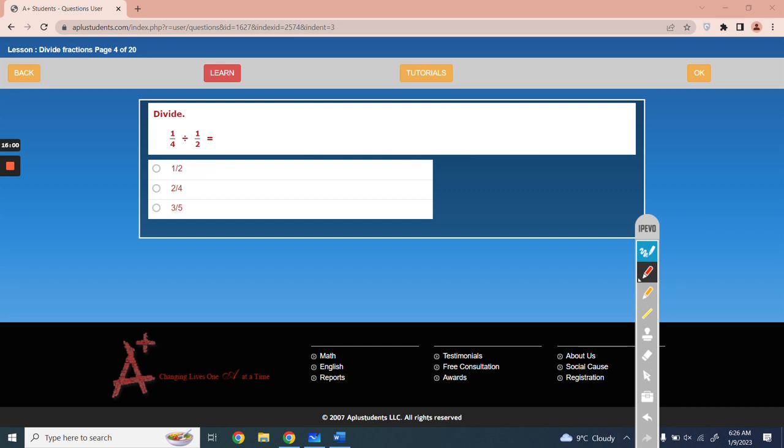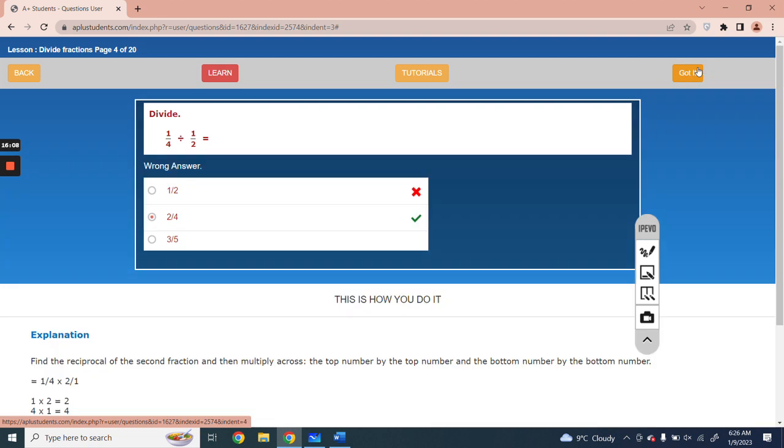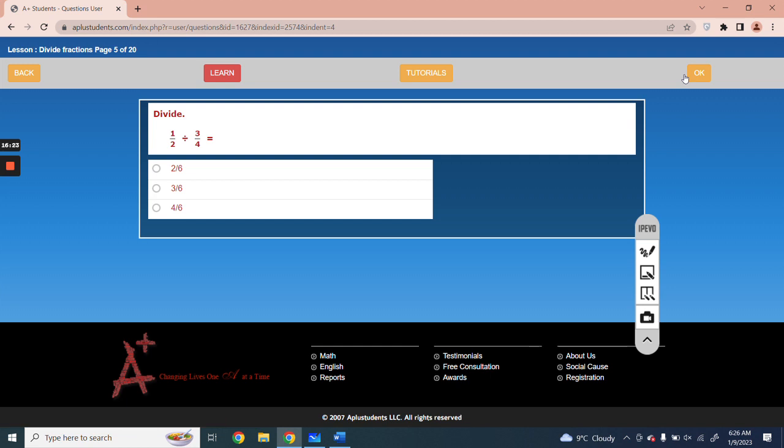You are not asked to simplify in the question. I think, let me just check. Yes, you don't have to simplify, so it is 2 over 4. If you are asked in the question to simplify your answer, then you have to divide by a common number. Got it? But in this question you are not asked to, so that would be 2 over 4.